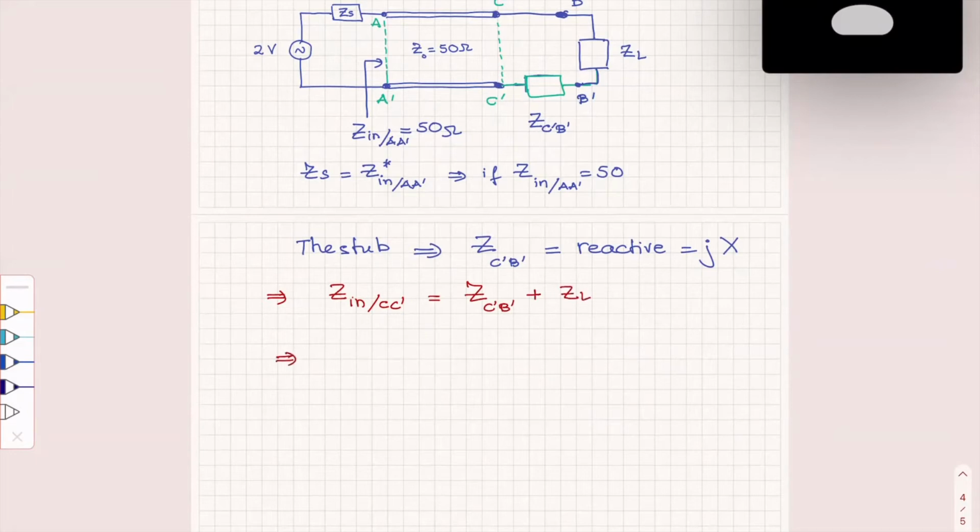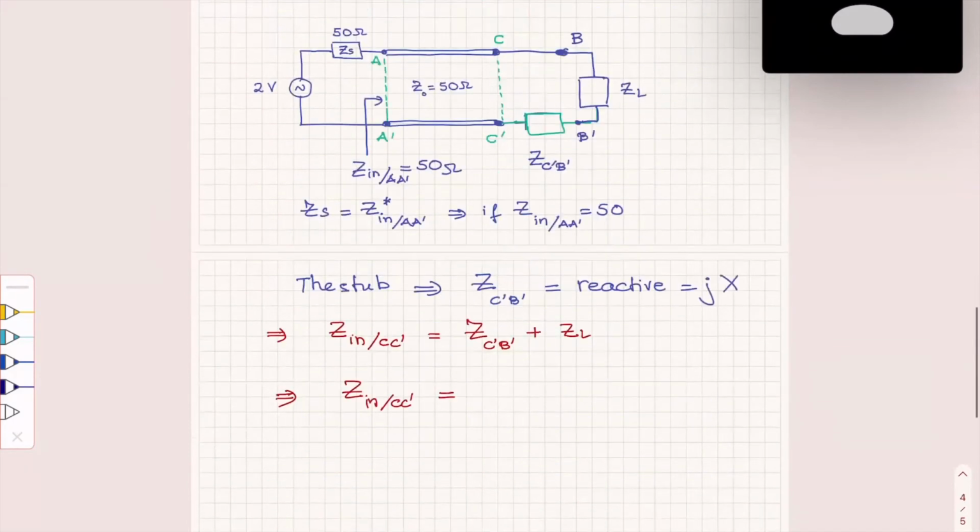And from here, what do I find? I find that Z_in at CC prime will be at best equal the real part of Z_L, which is going to be 80.